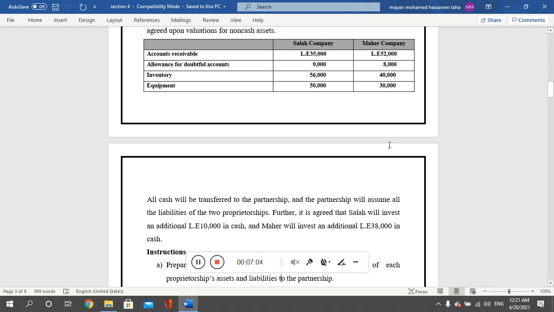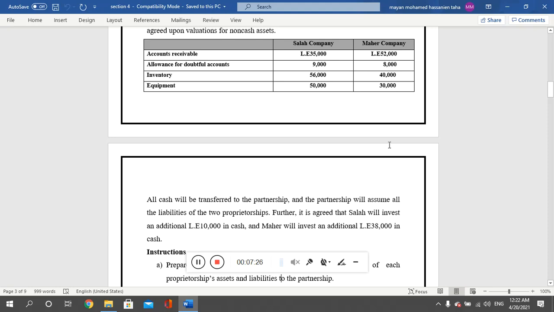Each partner will transfer his sole proprietorship cash, and after transferring this cash, Salah will make an additional cash investment of 10,000 Egyptian pounds, and Maher will invest additional cash of 38,000 Egyptian pounds.